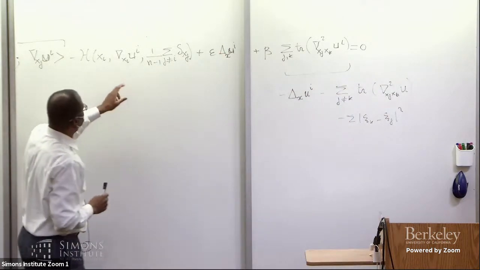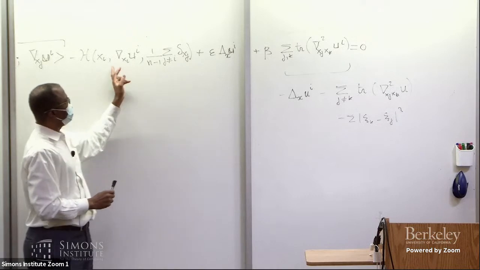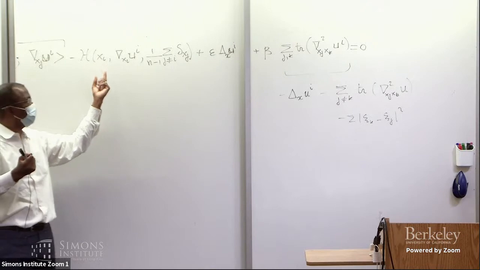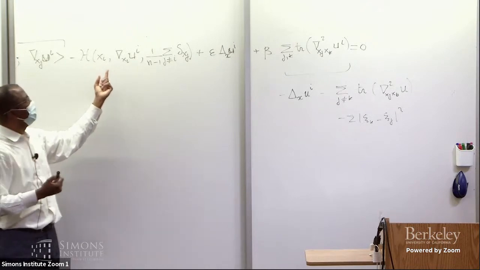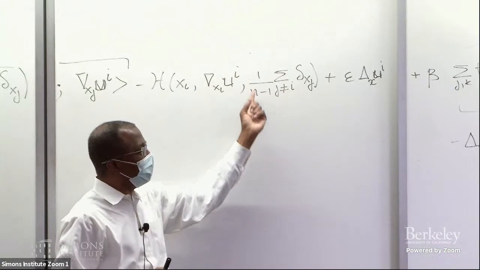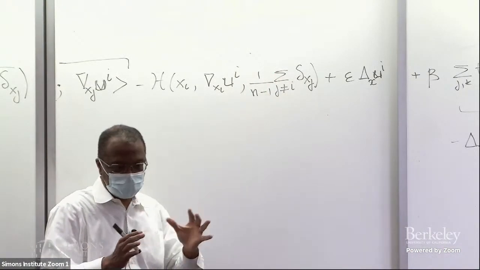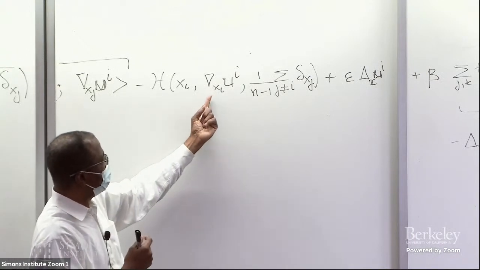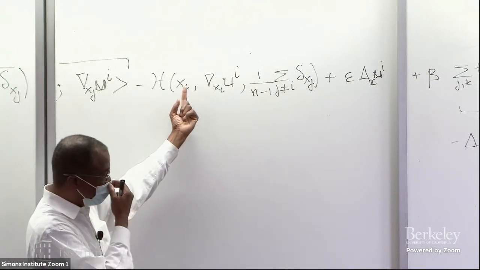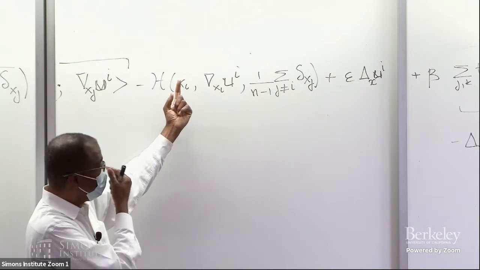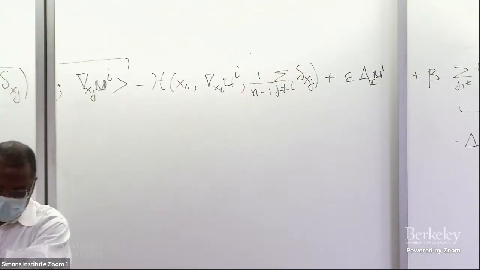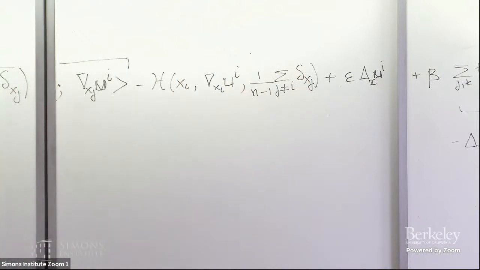Now, the difference between here and there. So here, player i is choosing his strategy, and the other players may do something different. So for the value function of each player, player i is making some decision for himself, herself. But here, the other players have a collective decision which excludes player i.